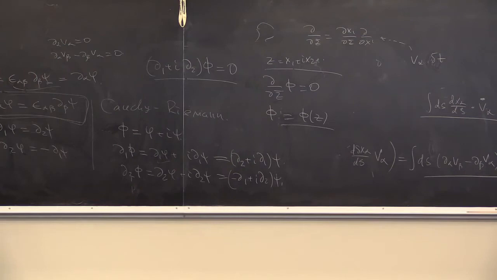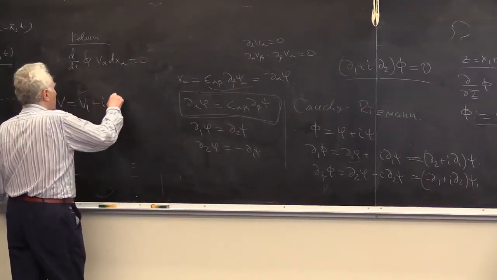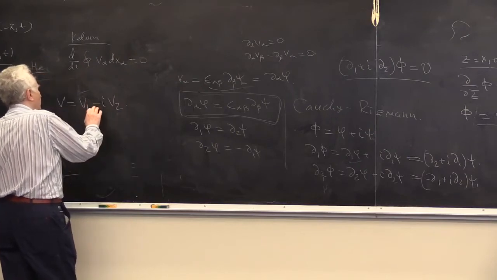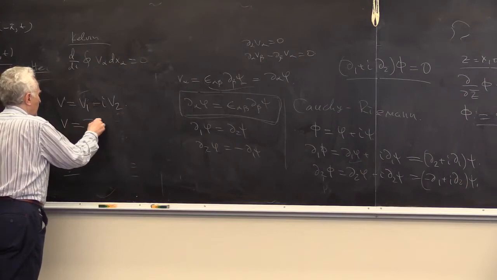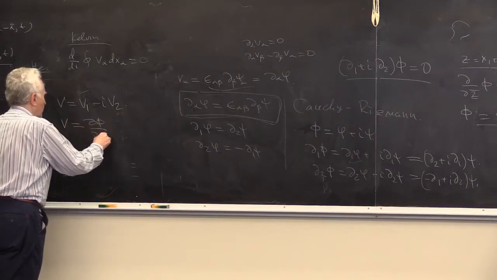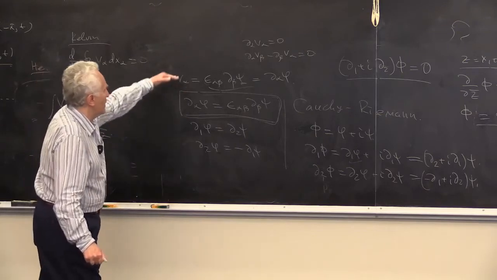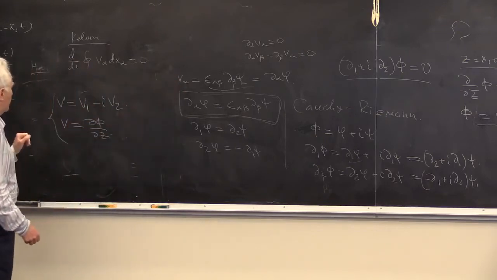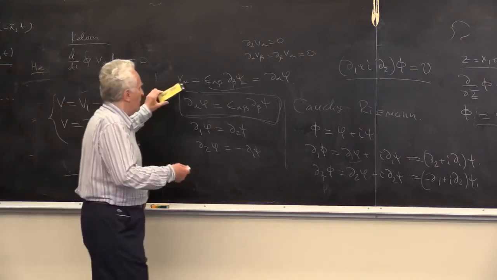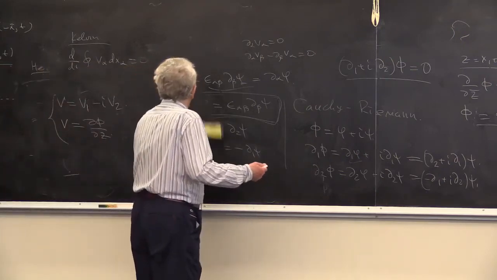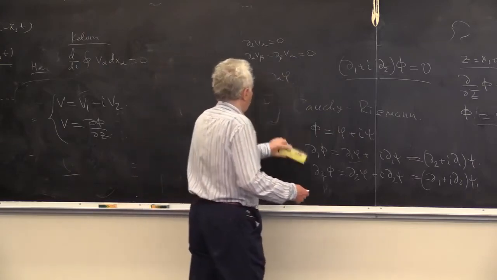Okay, so it's convenient to introduce this complex velocity with a minus, and this complex velocity will be the derivative of the complex potential. That's what replaces all these formulae in complex notation. So far it's simple math, and now we have to return to physics.